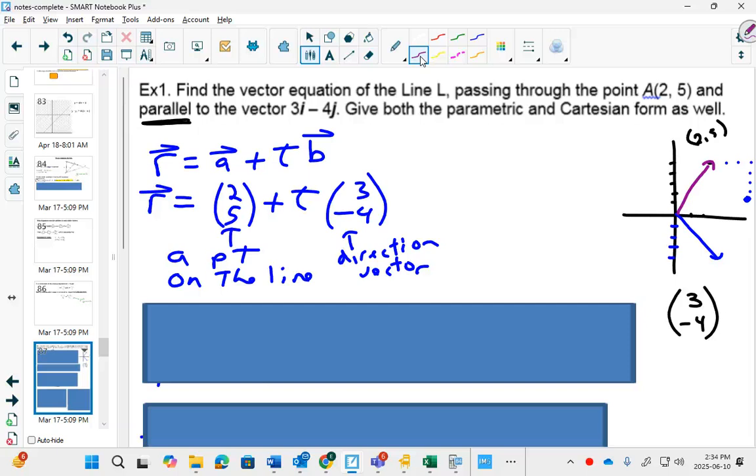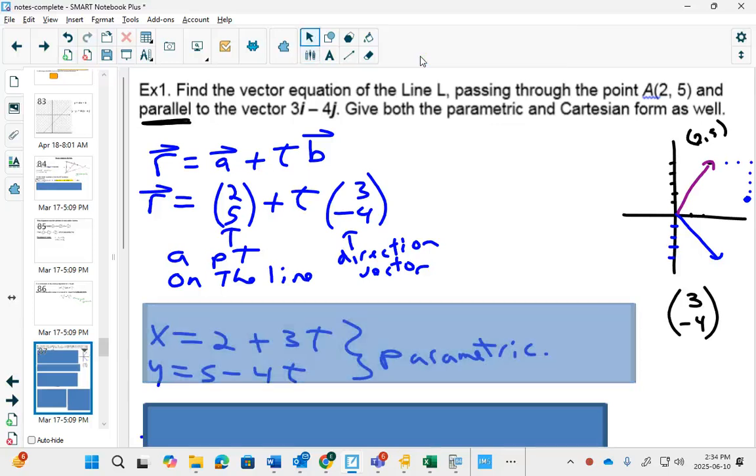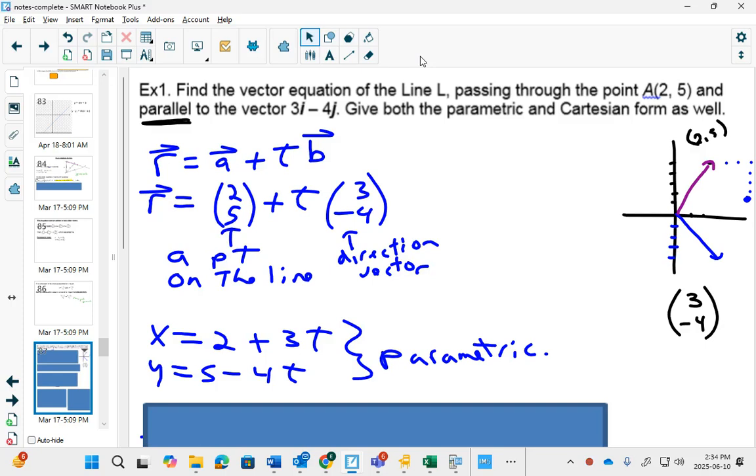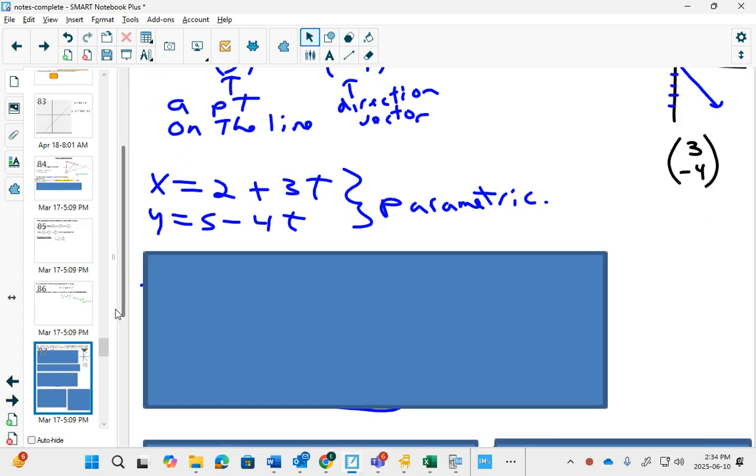So there's your vector equation of the line. It doesn't need very much information at all. Whereas with your old y equals mx plus b, you have to find more information for that. We could write the parametric equations for this. So just look at the x coordinates on their own, the y coordinates on their own.